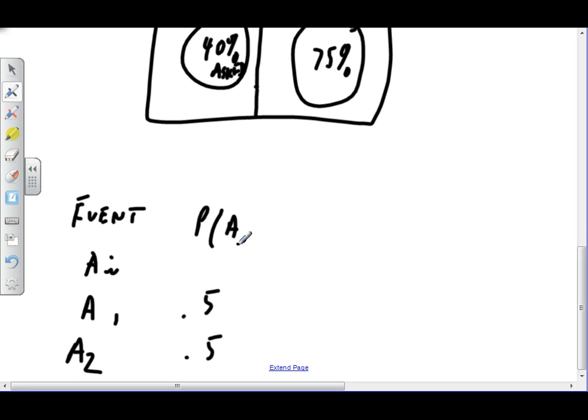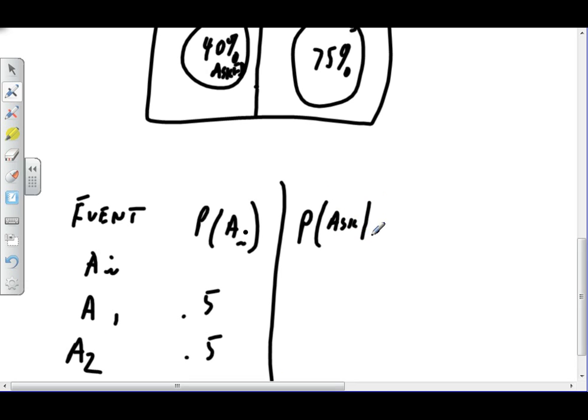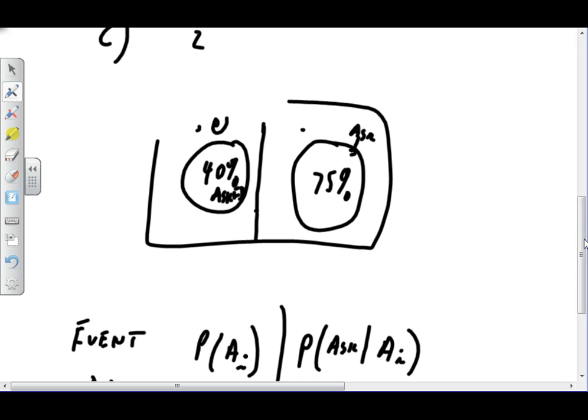Probability of those events. Conditional probability. The probability that I was asked, okay, now I don't know that I was asked, given that I was asked.